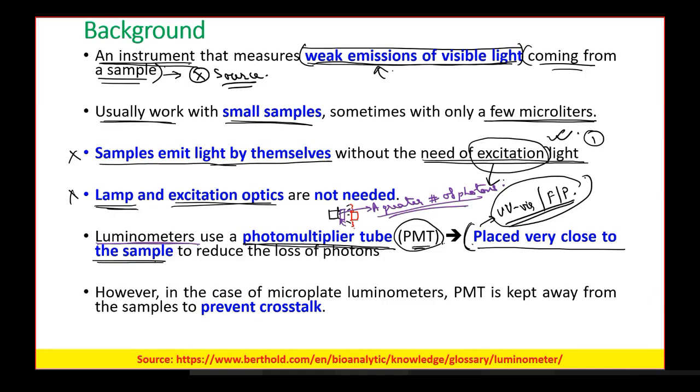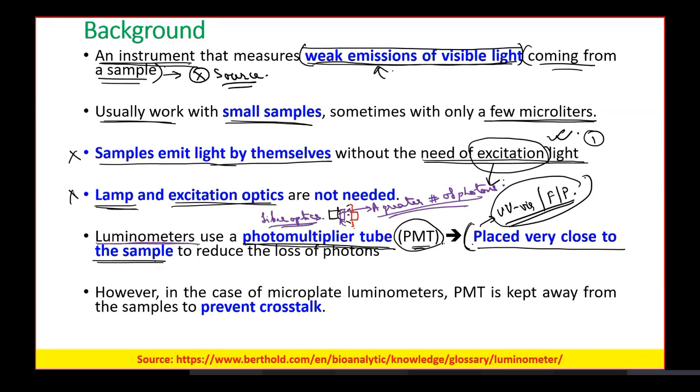Nowadays, with the advancements in solid state electronics, you need not put the PMTs just near to the cuvette or the sample holder. Instead, we can have fiber optics around this sample holder.